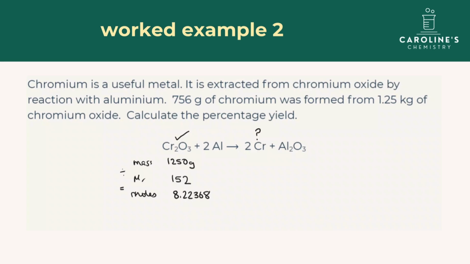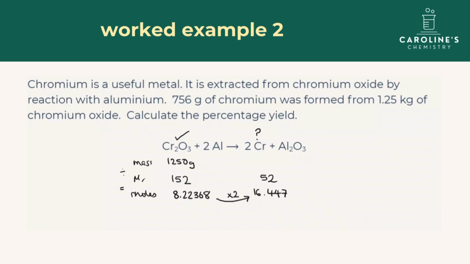To switch column, we now look at the reacting ratio. So we have a 1:2 ratio here. So we're going to take that 8.22, etc., and times it by 2. That gives us 16.447. Now it's time to work up.